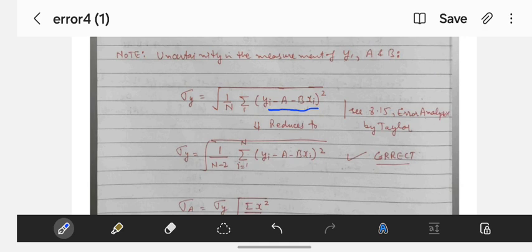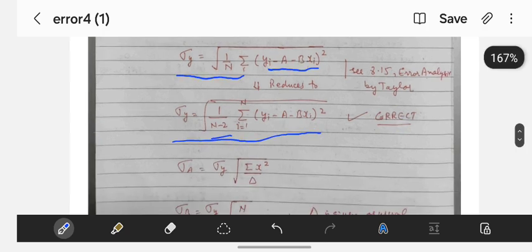But what we find theoretically, and it's given in the books, is that what actually should be used is n minus 2, not n. So if it comes in the exam, then you need to use n minus 2, not n. Okay, just remember it as it is.